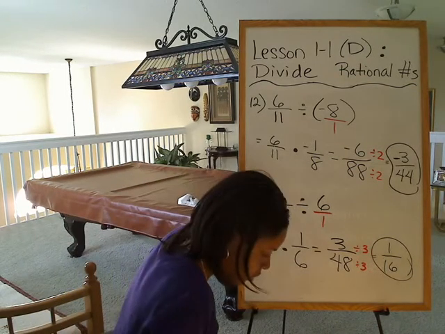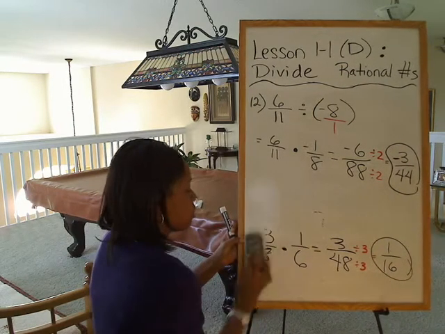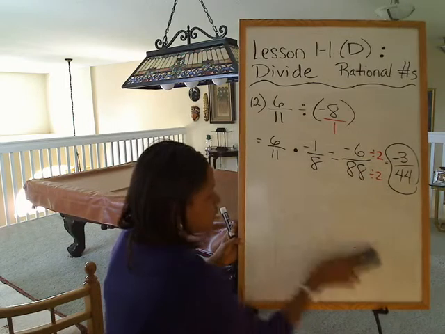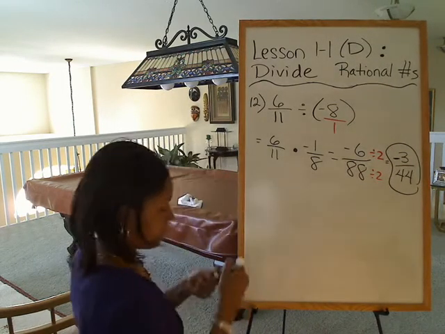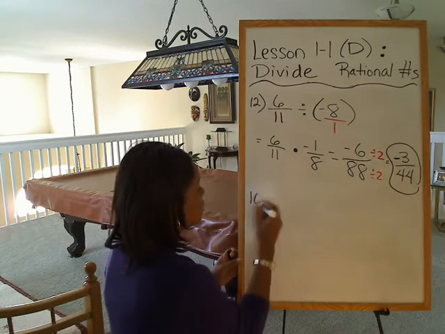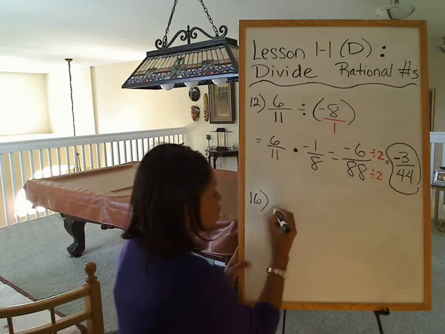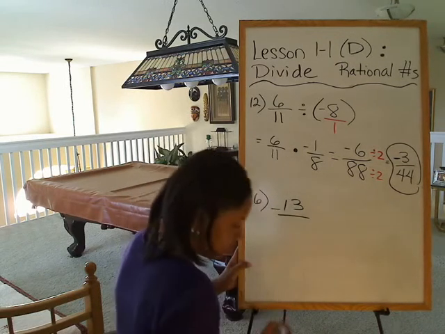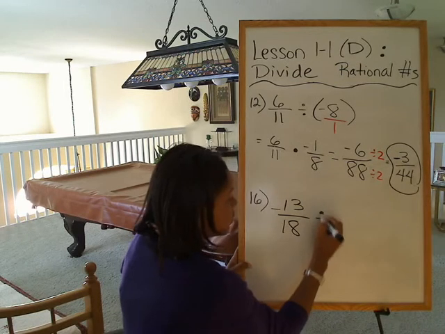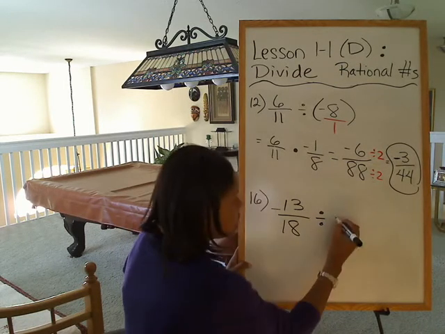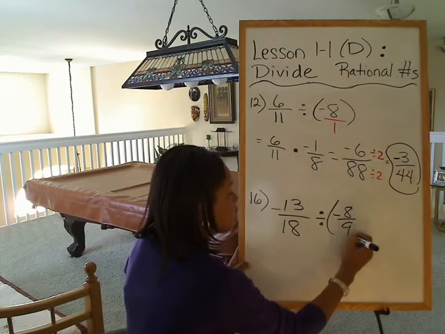And let's see, I can do number 16. Number 16, -13 over 18 divided by -8 over 9.